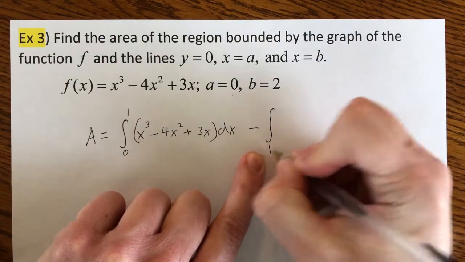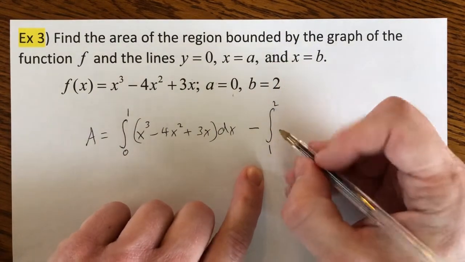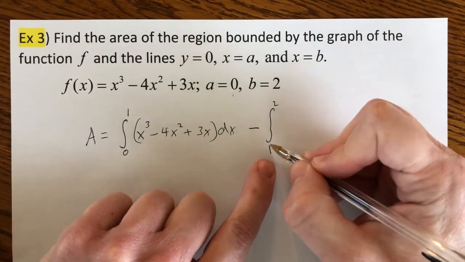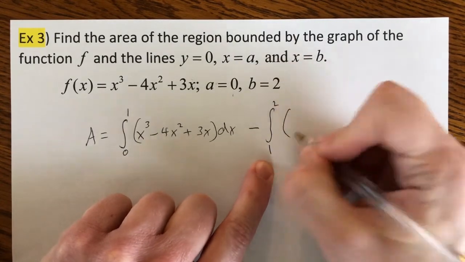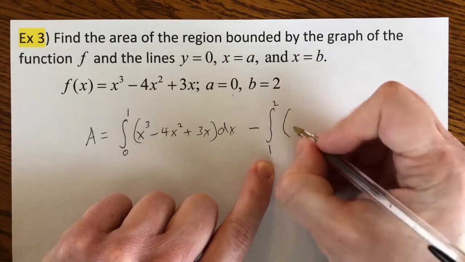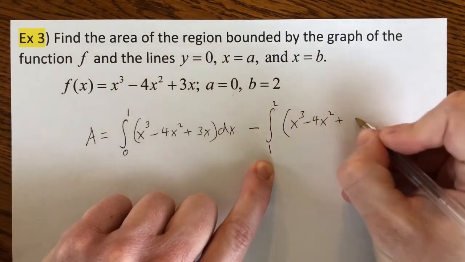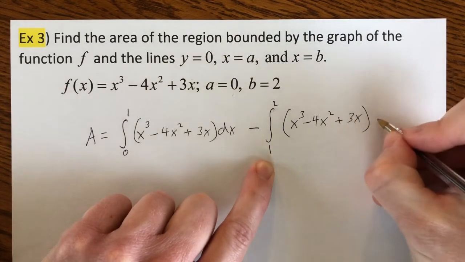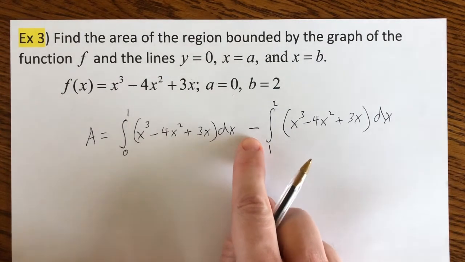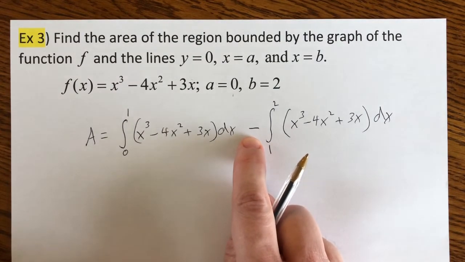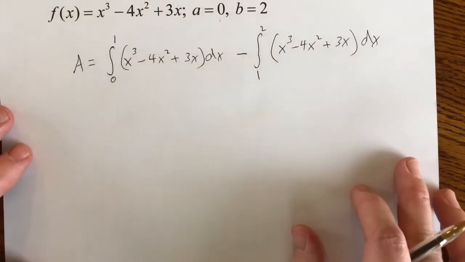From 1 to 2, we're using 2 because that's what b says. When x is any value from 1 to 2, all the y values will be negative. So the value of that definite integral will be negative. That's why we have a subtraction right here, because a negative times a negative is a positive. So let's see if we can figure this thing out.